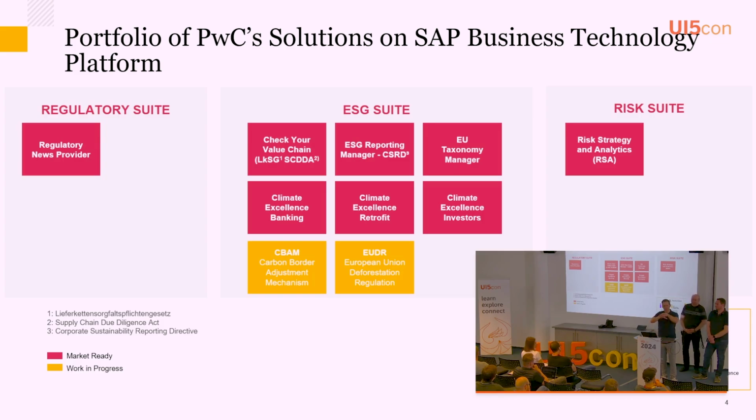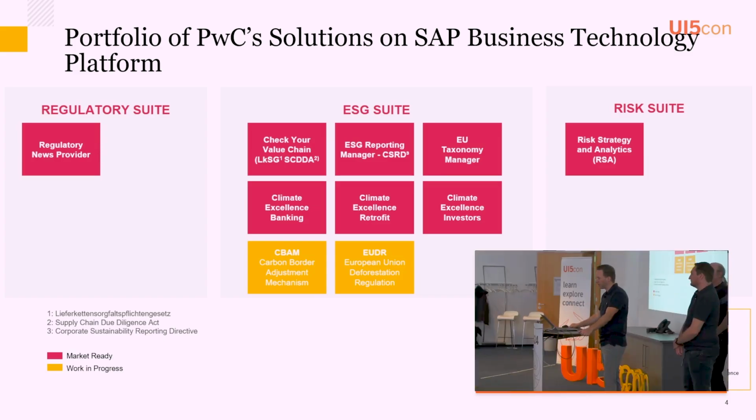We have developed a common platform, and based on that we have developed the suites, and inside them are the modules. They share the same core and suite data model. Today we focus on the app Check Your Value Chain, because we have integrated a lot of reporting and analytic functionality there.